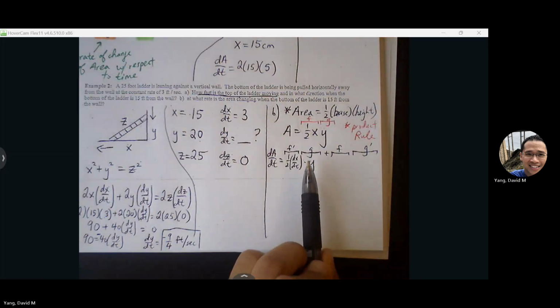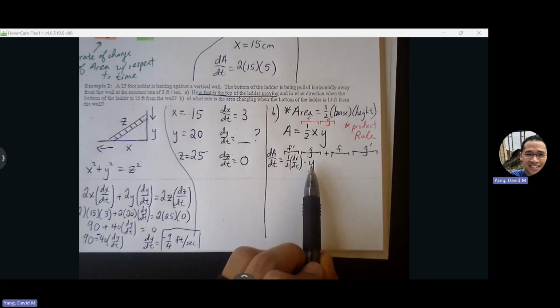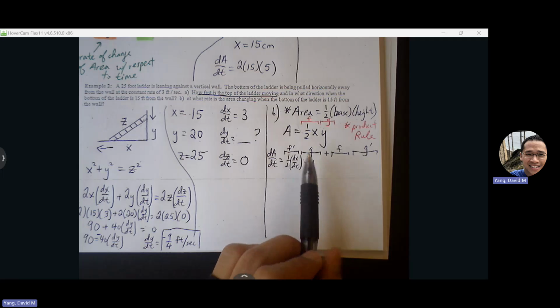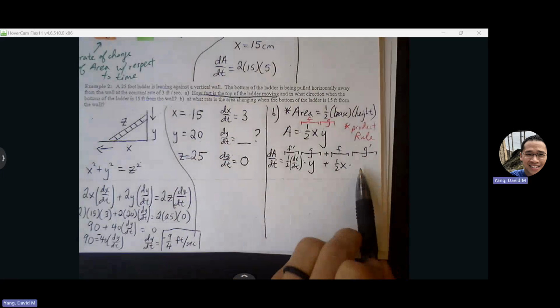Now, do we include dy/dt here? No, why not? Okay, not a derivative, right? So we only are going to involve dx/dt or dy/dt if something is asking for the derivative. If something is not asking for the derivative, then we shouldn't have a derivative variable show up. Plus f back to 1/2 x. Now g prime becomes what? dy/dt, yeah.